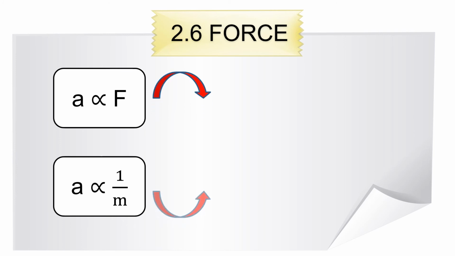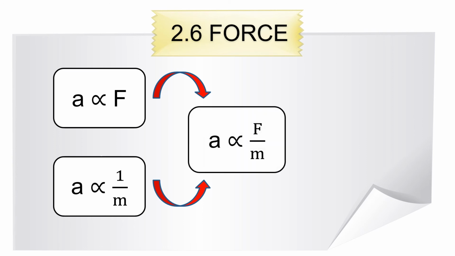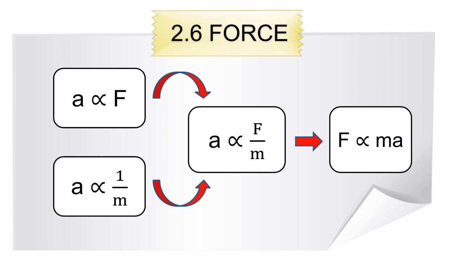By combining the two relationships, you will obtain the relationship between acceleration, force, and mass, showing that acceleration is directly proportional to the applied force and inversely proportional to the mass of an object. Therefore, force is directly proportional to mass and acceleration.